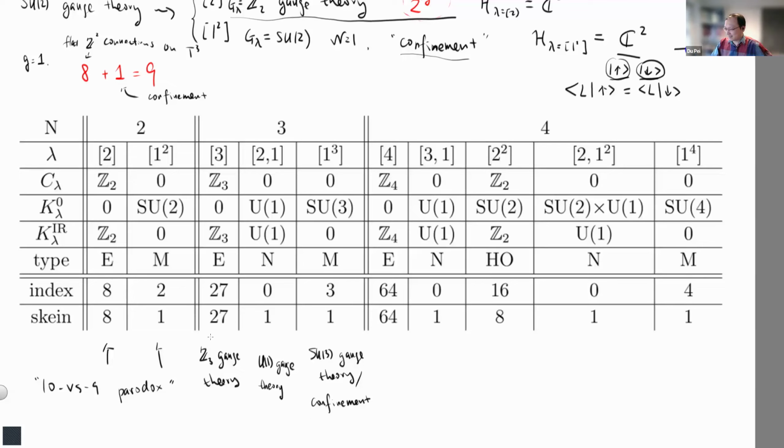So here you see that across the 3 columns, only one matches. But if you add the numbers together, they just differ by 1. So this is a 30 versus 29. But in fact, across the 3 phases, only one actually has the same contribution to the skein module and the index.